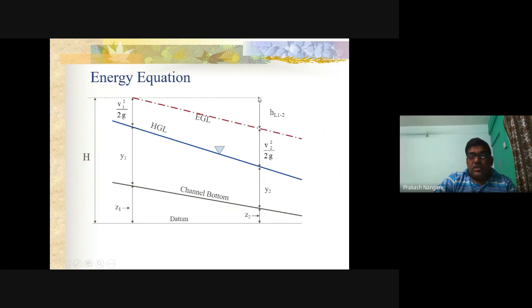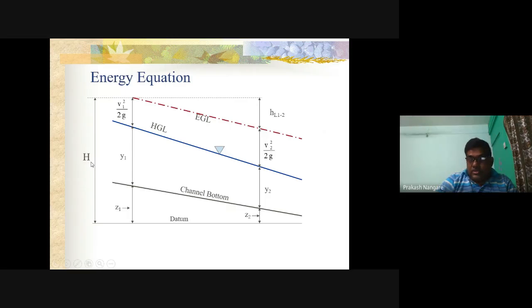This vertical ordinate from this horizontal line represents the total energy line or energy gradient line for the ideal fluid. You can observe this loss, that is the hydraulic loss, between section 1 and 2, which is equal to HL1-2 here.